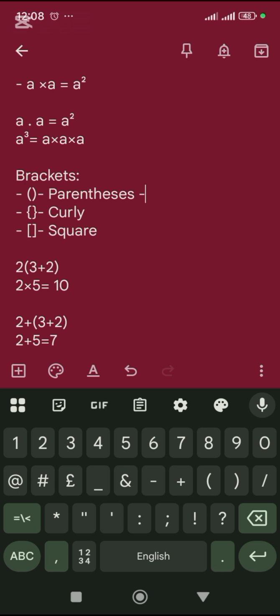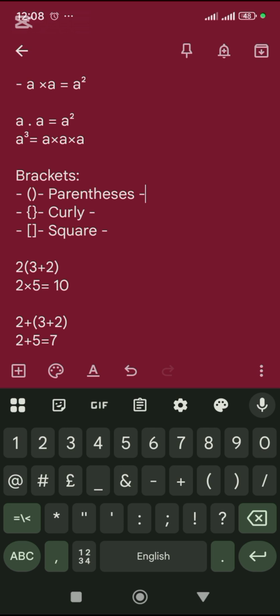The next to solve is the curly bracket, and the last to solve is the square bracket. What it means is that when you have a question involving two of these brackets, say maybe the parenthesis and the curly bracket, the first thing to solve is the operation within the parenthesis.